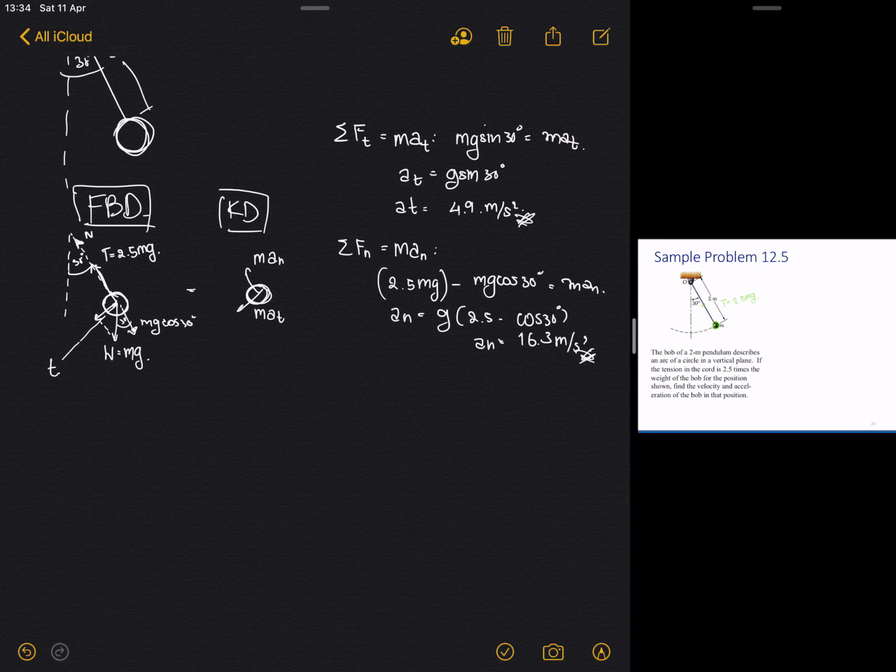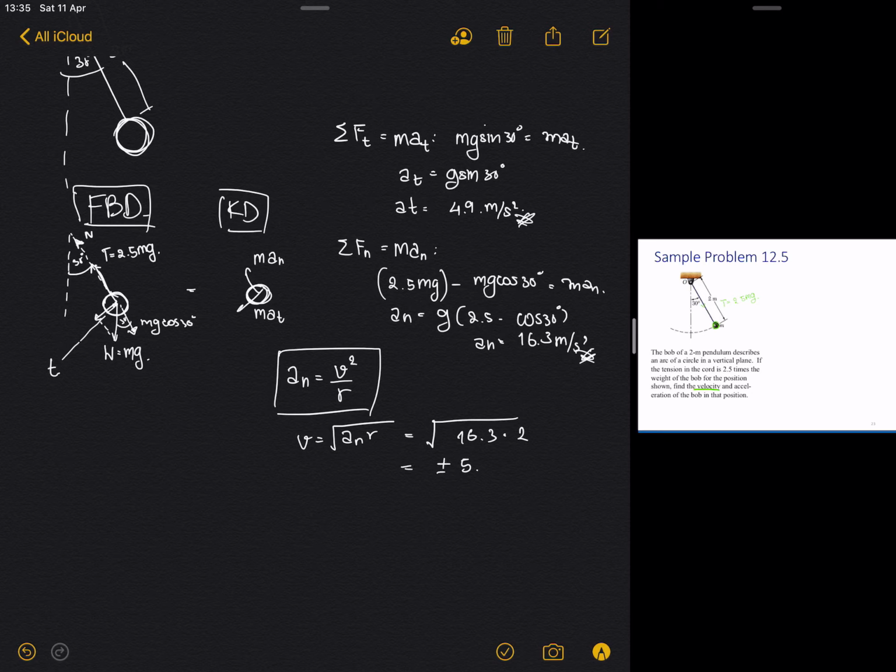Now we already have the acceleration in both directions, but they also ask for velocity. So the velocity, you can just find from this formula. Velocity equals the square root of a_n R, so we have 16.3 times 2, and then we get plus or minus 5.66 meters per second.